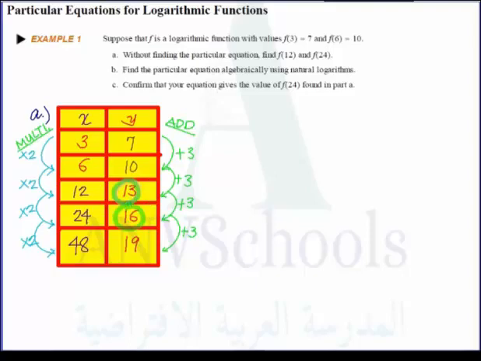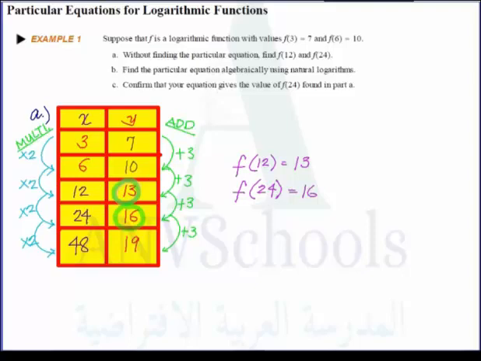So noting that, we have f of 12 is equal to 13, and f of 24 is equal to 16. So that's the answer for letter A.